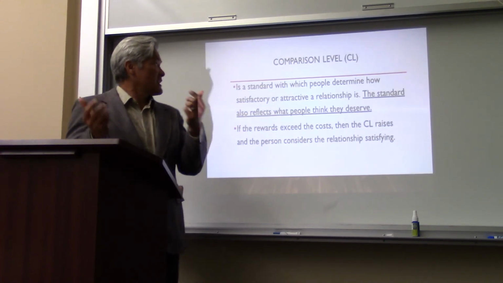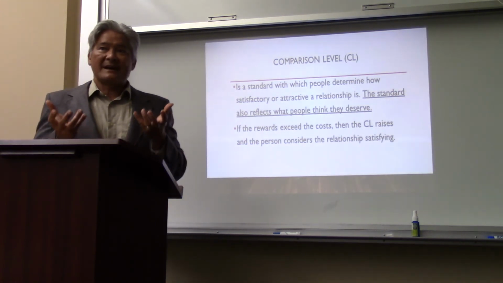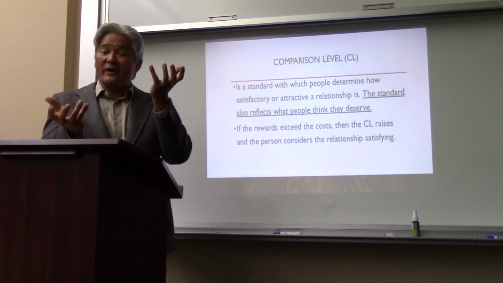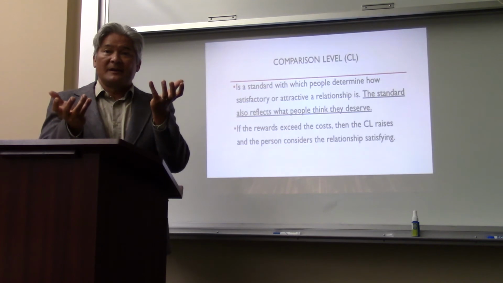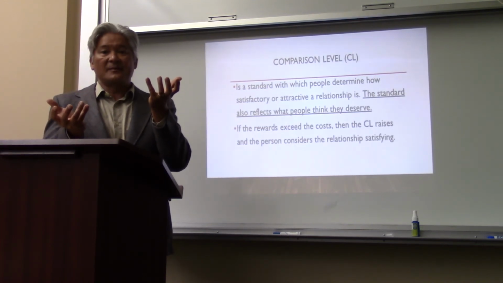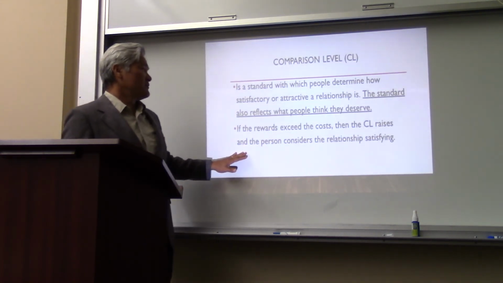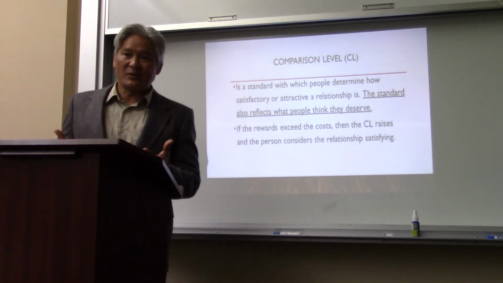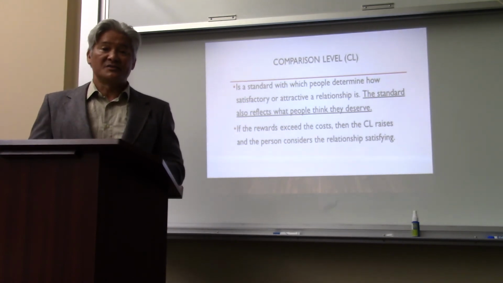And that's really what we're talking about as comparison level in social exchange theory. Usually there's a point where there's going to be conflict because the costs outweigh the rewards, but it depends on the person's self-esteem and how they value themselves too. A lot of times, we feel like the comparison level raises, that we think a relationship's more satisfying as there are more rewards to the relationship.